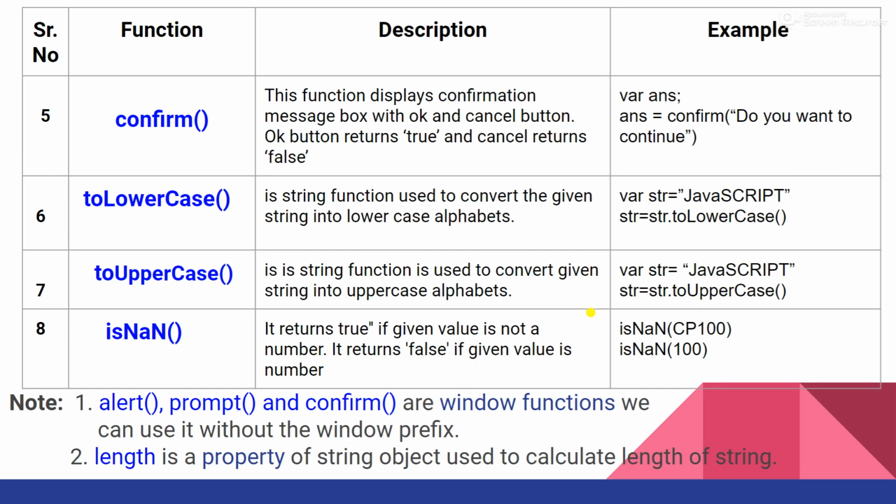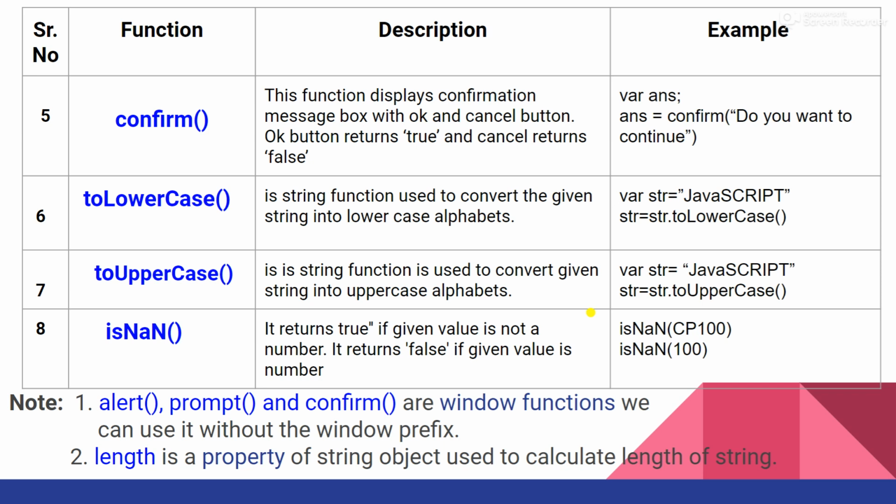Next, confirm. Now this confirm function displays a confirmation message box with OK and cancel button. Now here you can see the function is not taking any input from the user. We don't want the user to input anything.